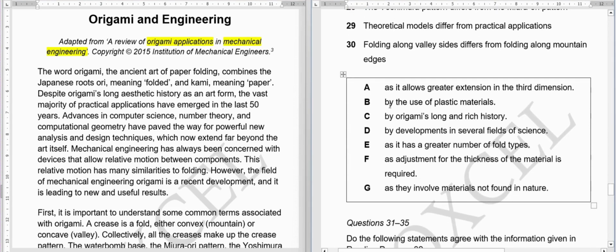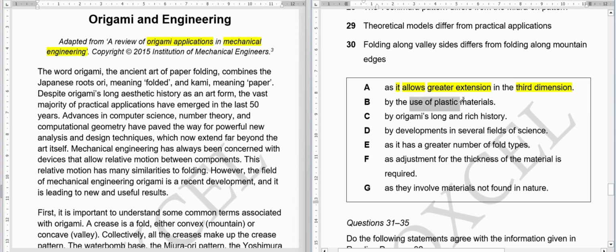First option, as it allows greater extension in the third dimension. Whatever the option is, it allows, so it means whatever is given in the statement, greater extension in the third dimension. We are given three dimensions, 1D, 2D and 3D. So in the third dimension we can get greater extensions.